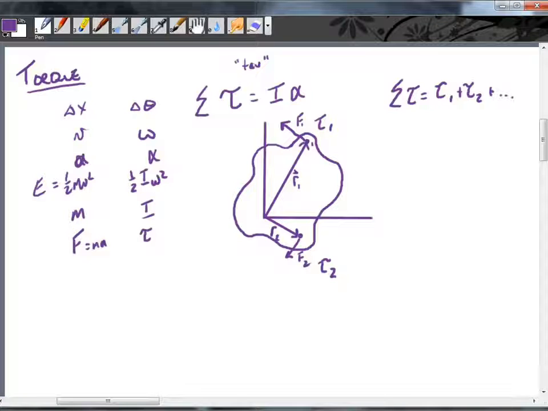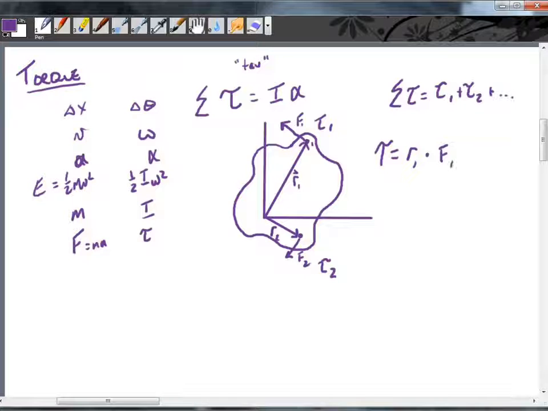Well, this is the sum of our torques, but we find out that our torque, this I alpha, also equals the R times the force that's exerted at the distance.